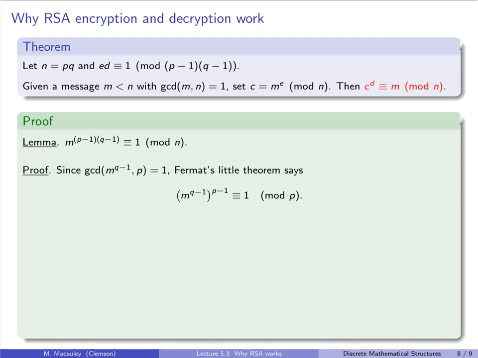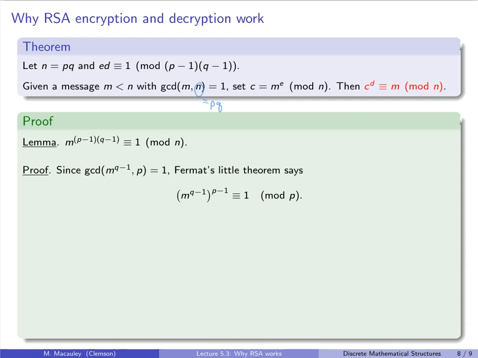Let me start out by pointing out that because m and n are relatively prime, that means they share no prime factors. And since n is equal to p times q, that means that neither p nor q divide m. So of course, that means that neither p nor q divide any power of m as well.